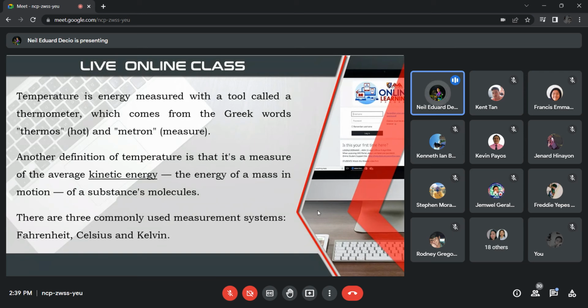Okay. And then we also have what we call thermal energy. Okay. So thermal energy is different from temperature. Thermal energy kasi is the amount of energy present in a particular object, and the temperature naman is the average of the kinetic energy that is present. Like say for instance, if I have a cup of coffee in the morning, it is hotter than the sea, di ba?